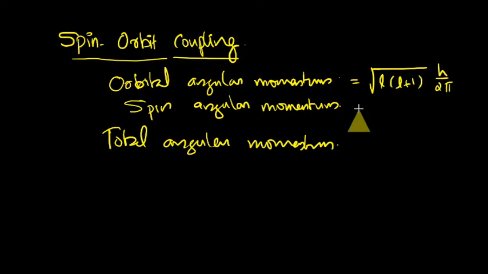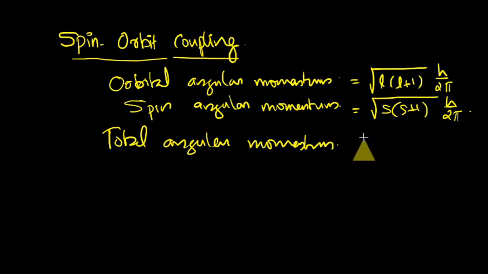And spin angular momentum is also determined by a quantum number, the spin quantum number S, that is root of S into S plus 1 into h divided by 2 pi. Like that, the total angular momentum is also quantized, and the quantum number corresponding to this total angular momentum is J.